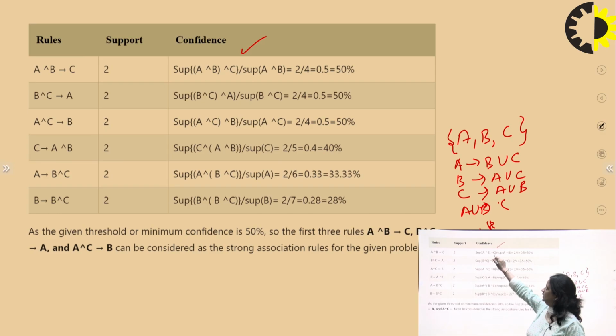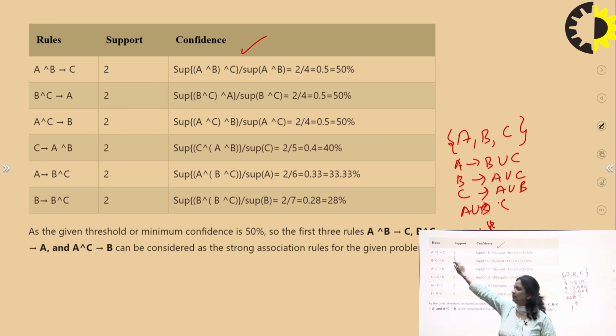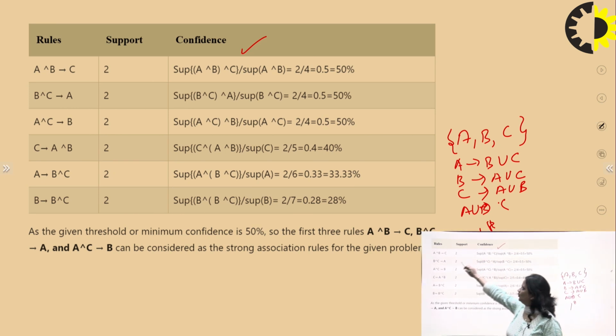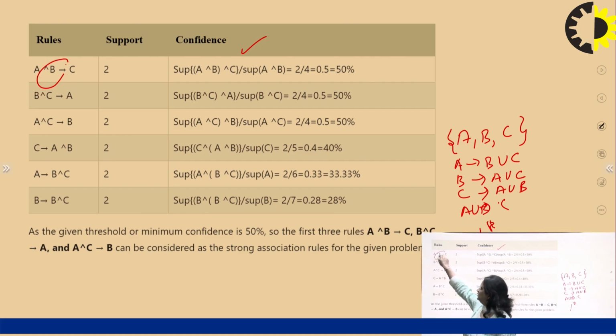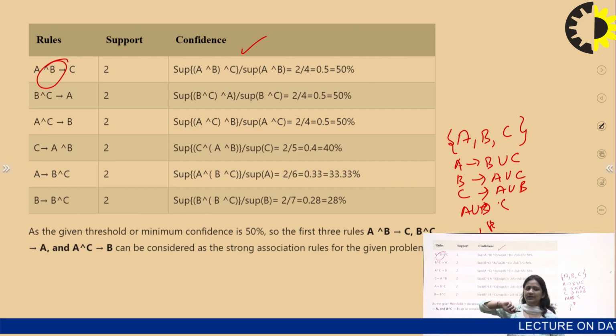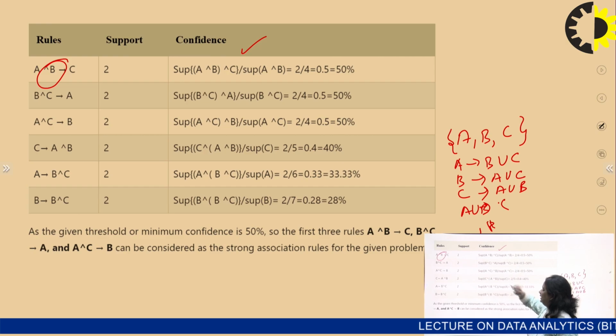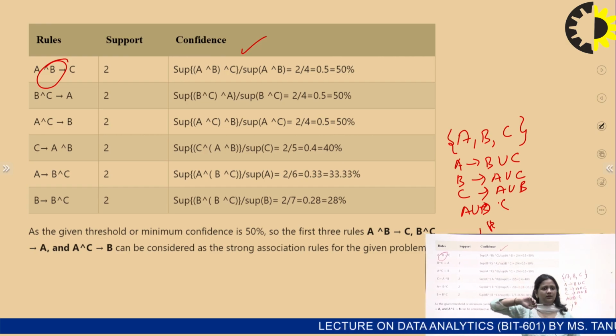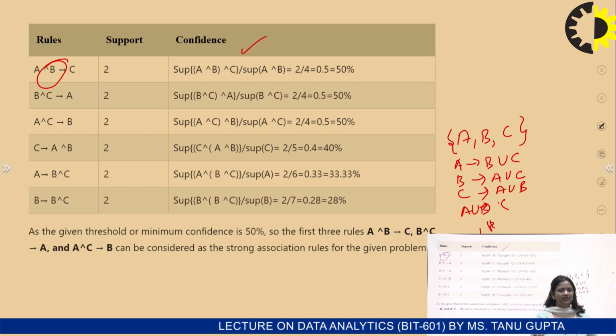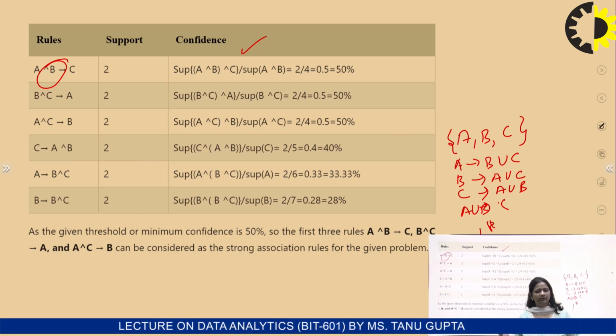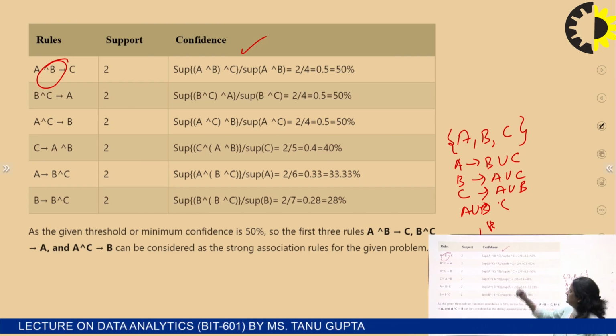As we already discussed in the formula of confidence, it is the support of A union B union C divided by the support of the items that are on the left, so divided by the support of A and B. We take the support count of A union B union C and divide by the support count of A union B, which we have already calculated in our previous step.